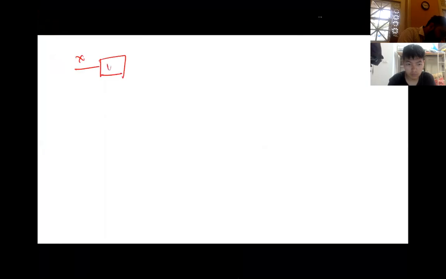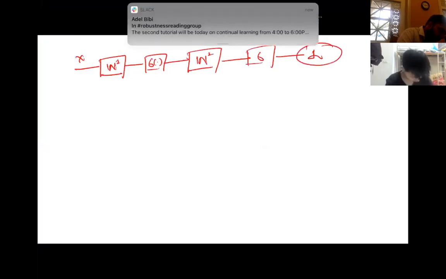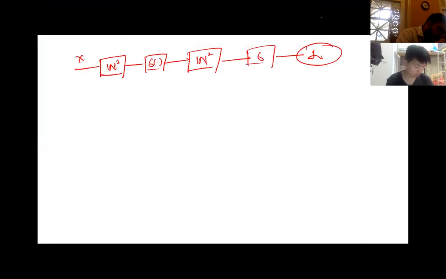So we have z1 here, then a1, then z2, then a2.